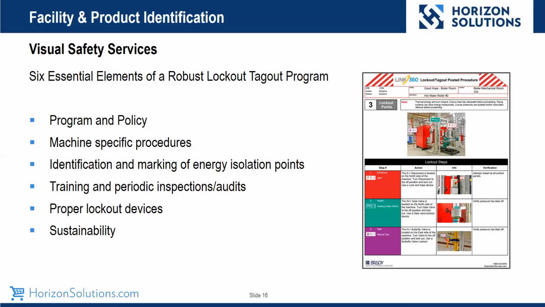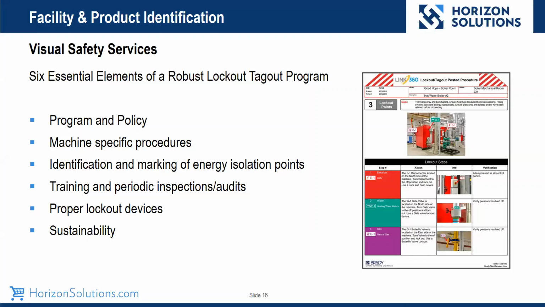If you move on to identification and marking of energy isolation points, on the right-hand side of the screen here, this picture reflects an actual document that we use when we do visual lockout tagout procedures. If you look here at these lockout points, you can see that they're very easily identified.